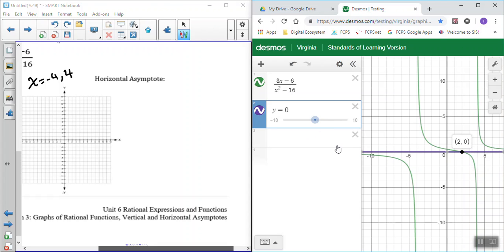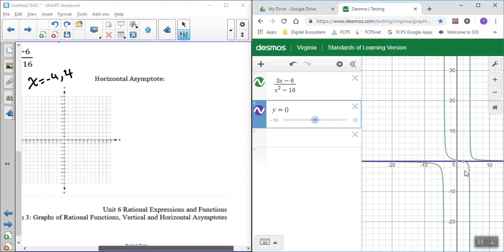It is like your end behavior, okay? So here, if you look at y equals 0, don't ignore the middle part, only look at the end behavior here. So here my horizontal asymptote is at y equals 0.